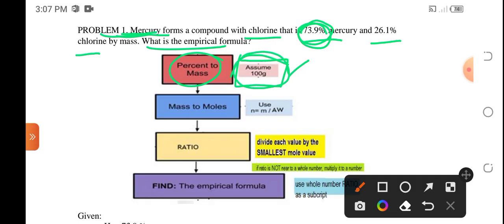Ang pinaka the best na pwedeng i-assume natin ay 100 grams para numerically equal yung mass dun sa percent composition. And then the next step is mass to mole, wherein we have to use the formula: number of moles is equal to mass divided by the atomic weight. Atomic weight per element kasi pinag-usapan natin dito.